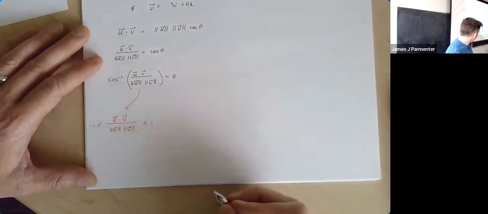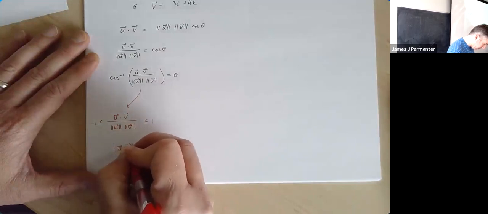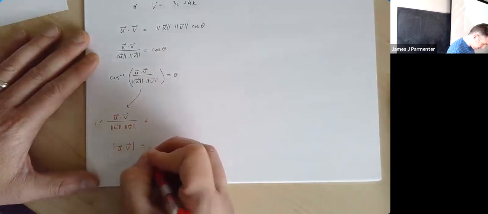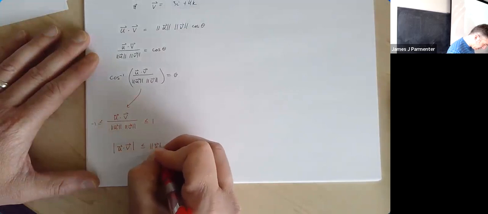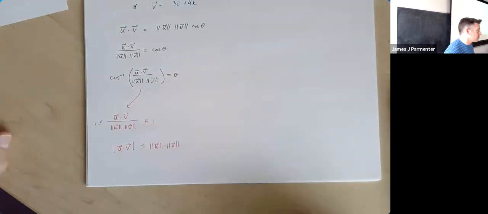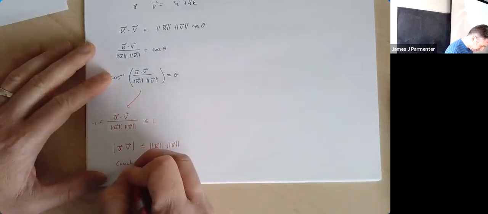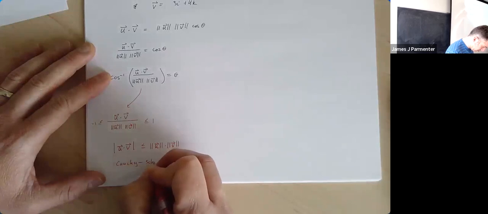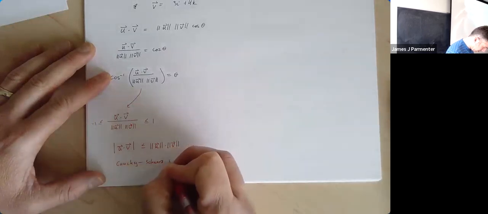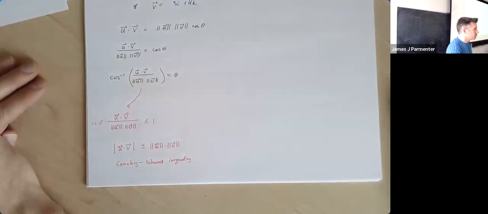Or put more simply, the absolute value of u dot v is less than or equal to the magnitude of u times the magnitude of v. And I'm pretty sure, now that I say it, that's the Cauchy-Schwarz inequality, which comes up a lot in higher mathematical classes.